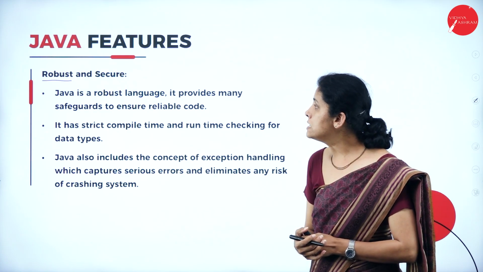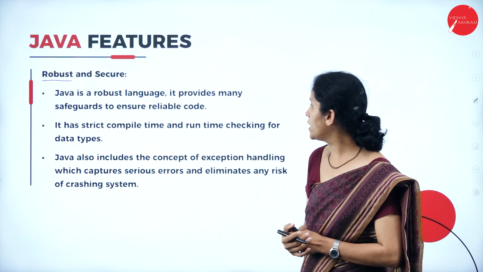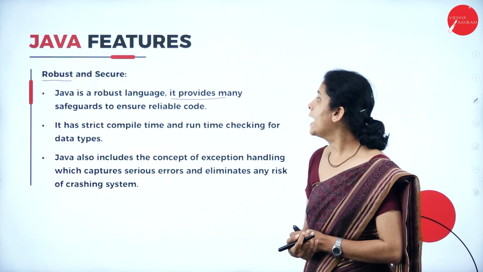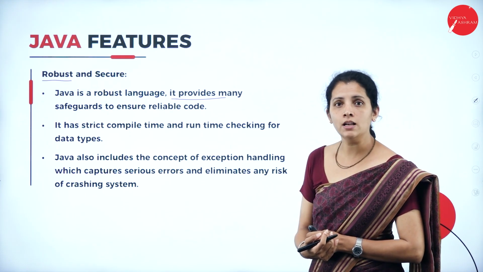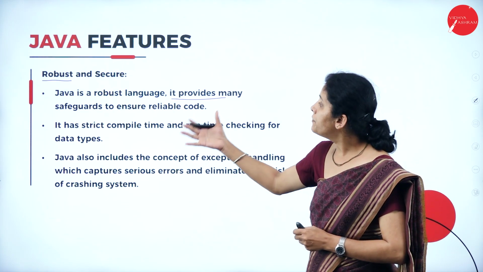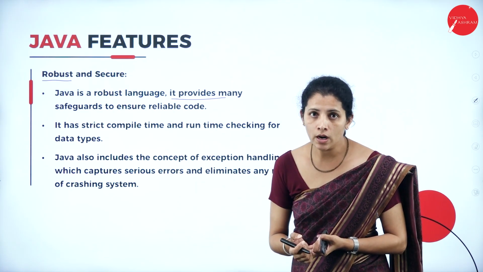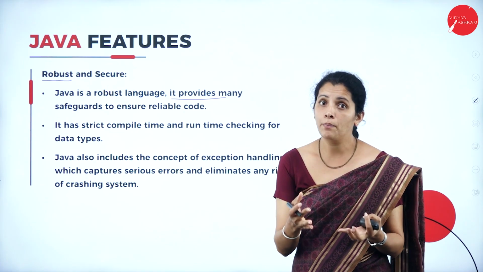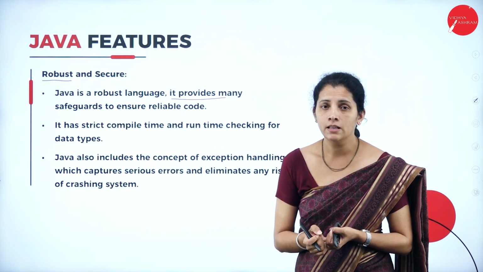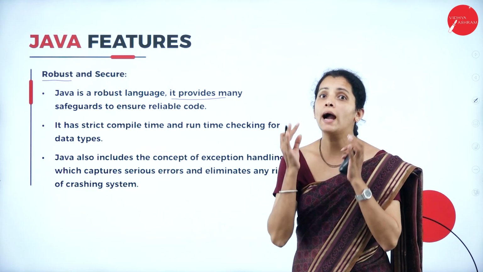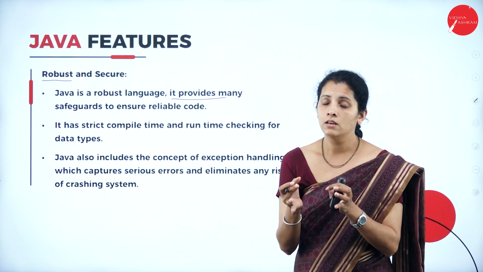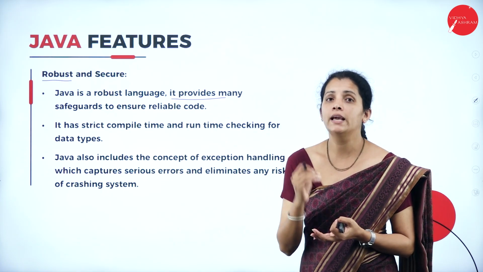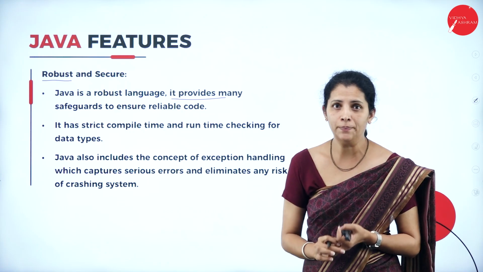Now, Java is a robust language that provides safeguards to ensure reliable code. If I consider a Java program, it supports encapsulation. It supports exception handling. That means if I want to handle errors, I can handle them very effectively and very beautifully.